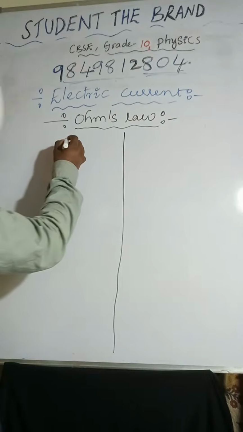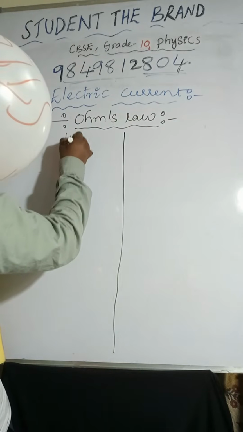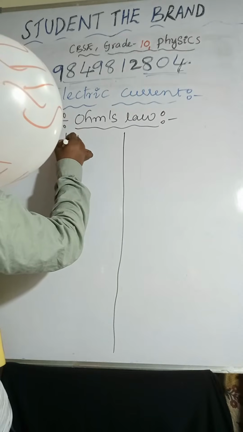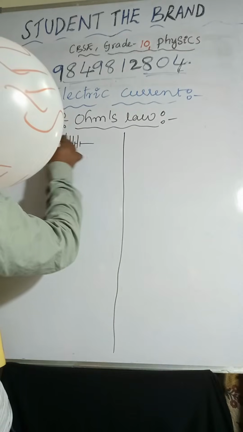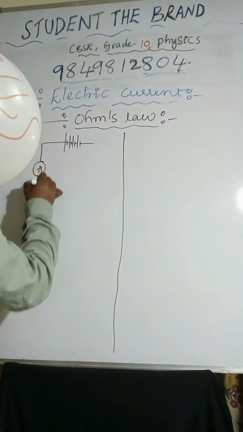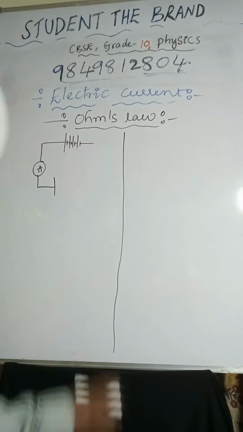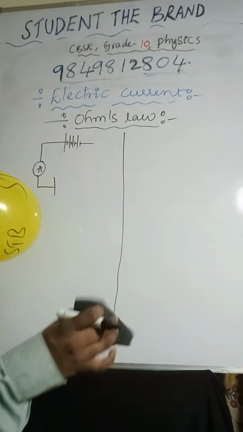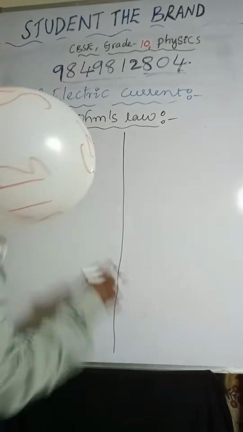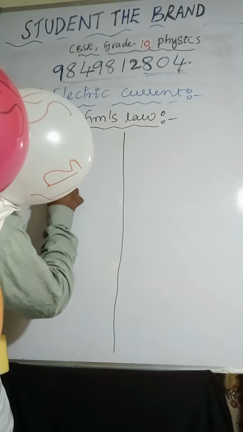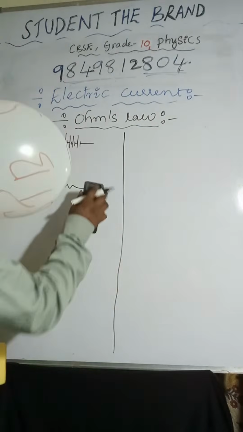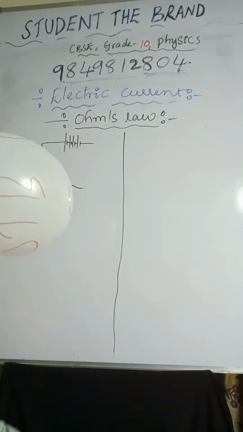So here I am taking cells 1, 2, 3, 4, an ammeter, a resistor, and a switch.